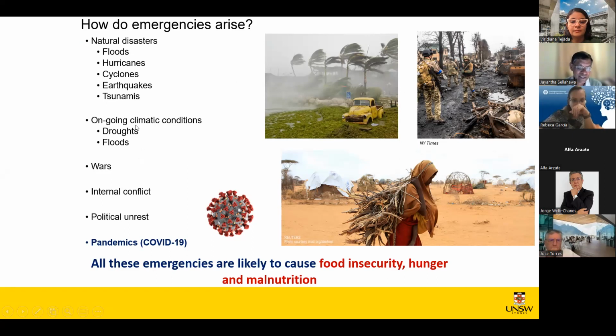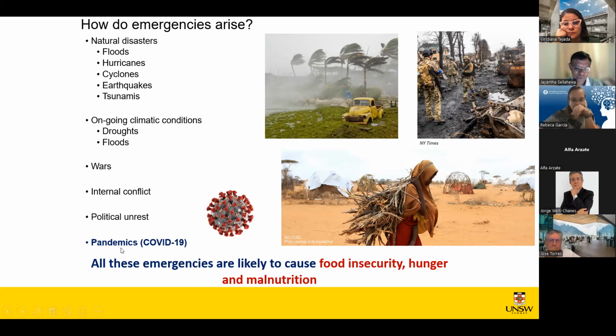Some countries are constantly in drought or constantly subject to floods, like in North Africa, sub-Saharan Africa, or some Asian countries, and some are man-made. Somewhere in the world, there's always some political unrest, which leads to conflict, which can lead to wars, as we see these days with the war in Ukraine. But these things have been happening for many, many years somewhere in the world all the time.